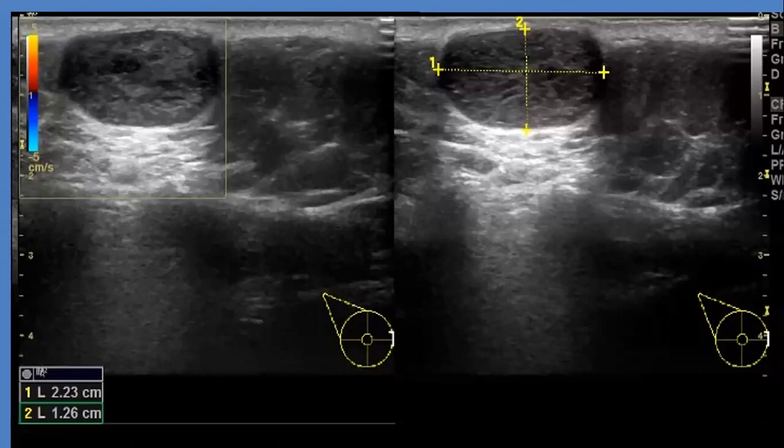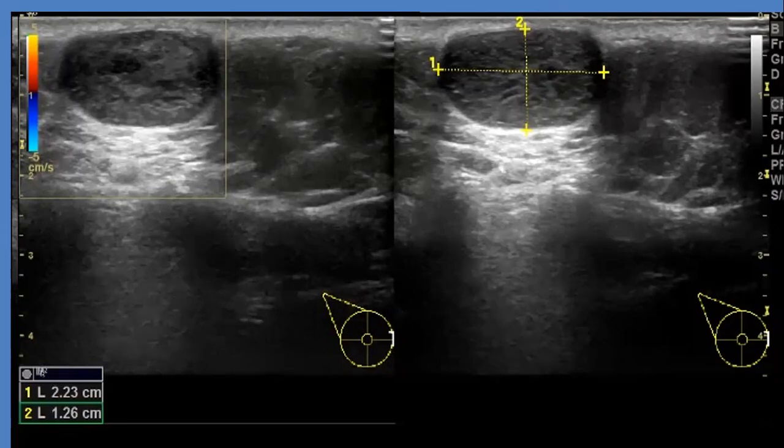Then, in this case, we would like to know whether the lesion is originally dermal, extending into the hypodermis, or a hypodermal lesion originating from the hypodermis, because the differential diagnosis is different.